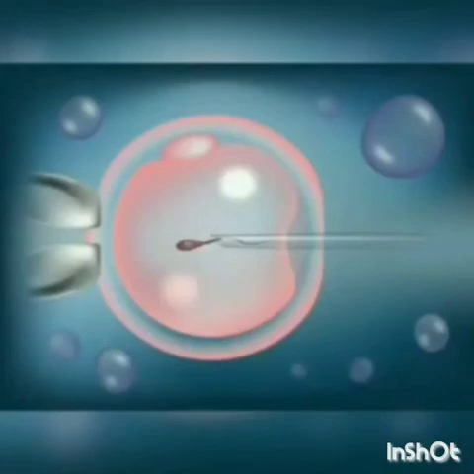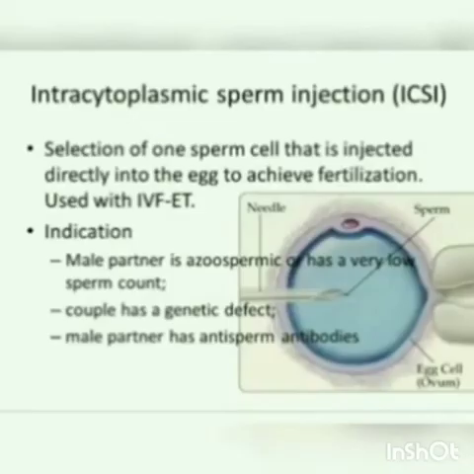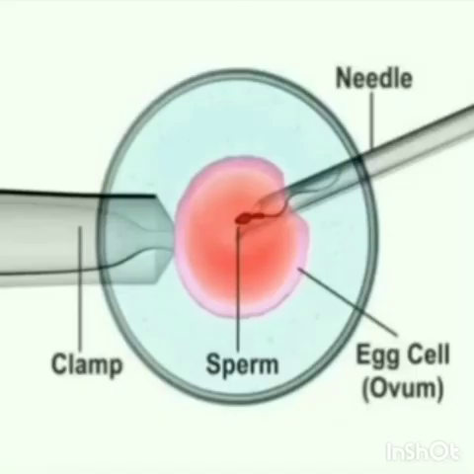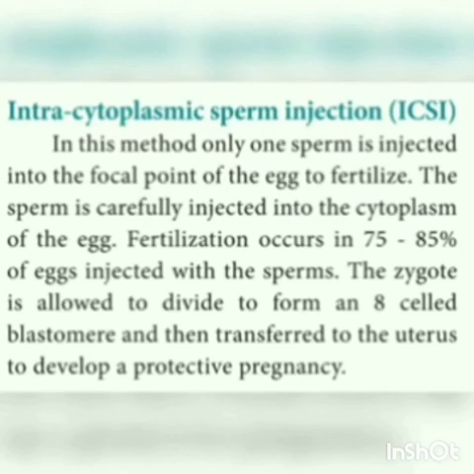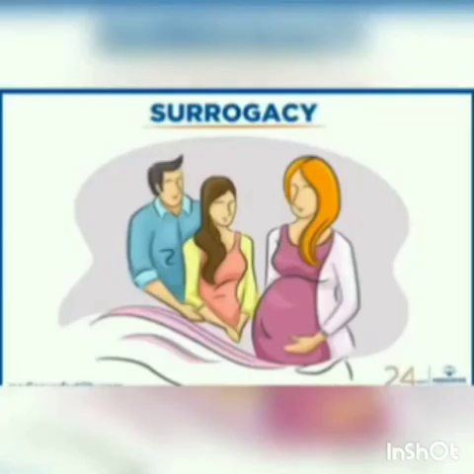The sperm is carefully injected into the cytoplasm of the egg. Fertilization occurs in 75 to 85% of eggs injected with the sperms. So the zygote is allowed to divide to form 8-cell blastomeres, and then it is transferred to the uterus to develop a successful pregnancy. Next, we will move on to surrogacy.